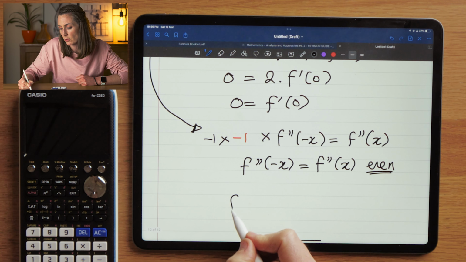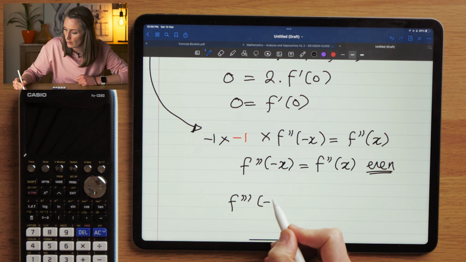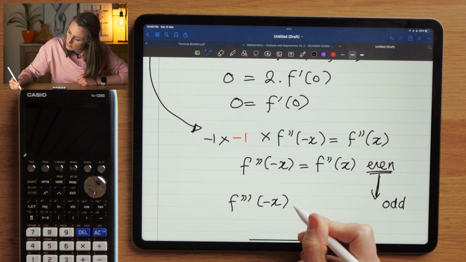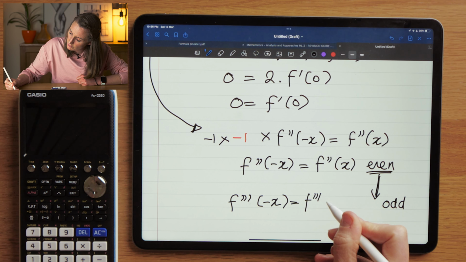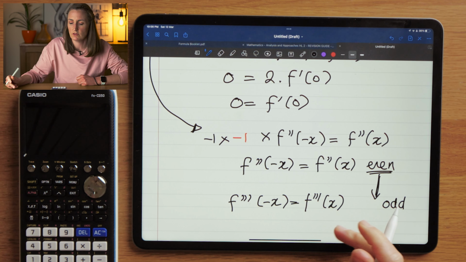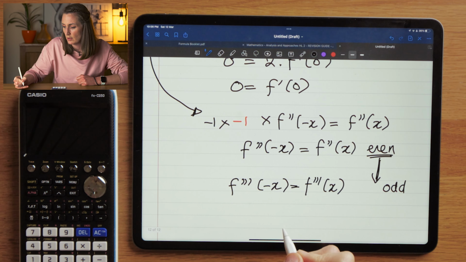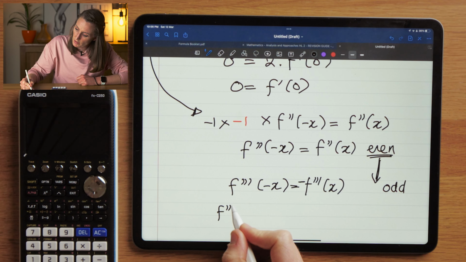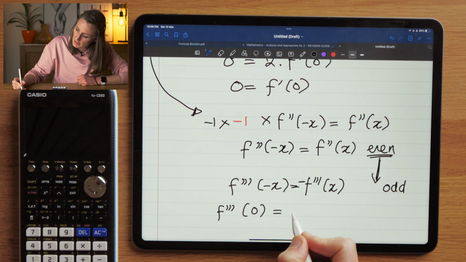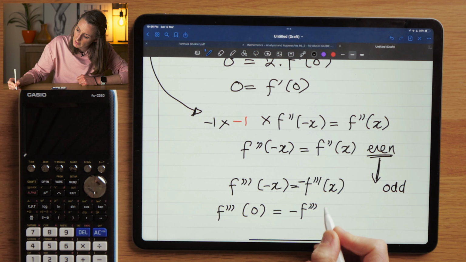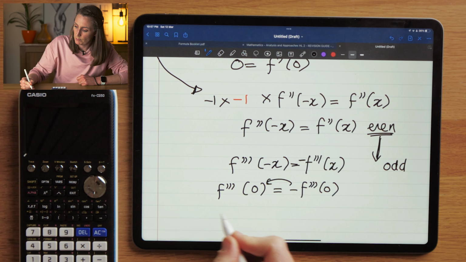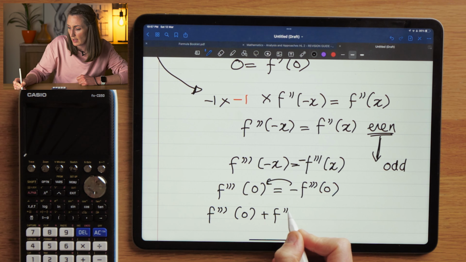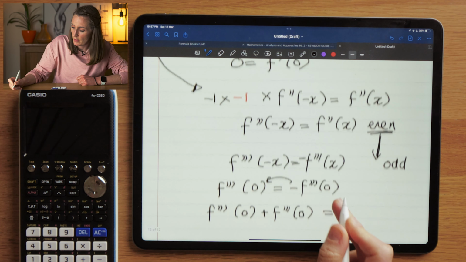But if I look at the third derivative, we know that an even function differentiates to odd. So you can do it out, but we can just go a little bit faster now. We know that this is going to differentiate to an odd function. And whenever you evaluate this at 0, you're going to get the same pattern that we've been looking at, which is that I can put both these third derivatives on the other side together, and that's equal to 0.